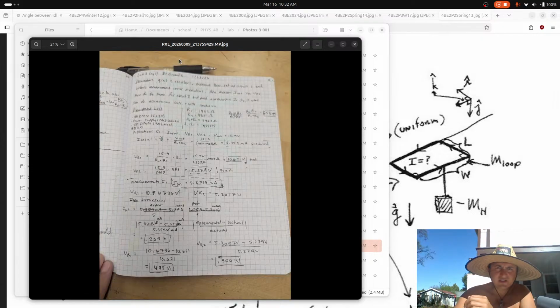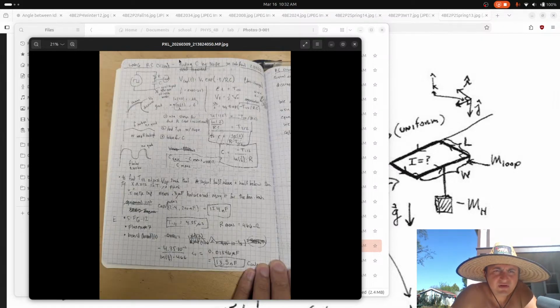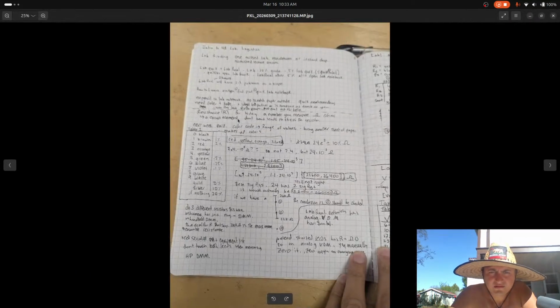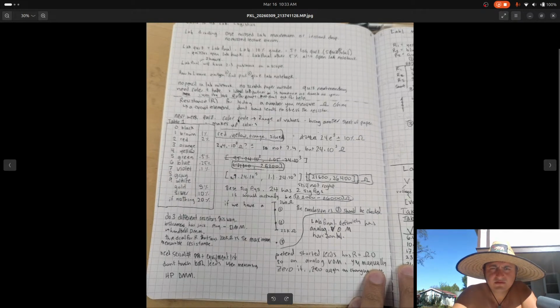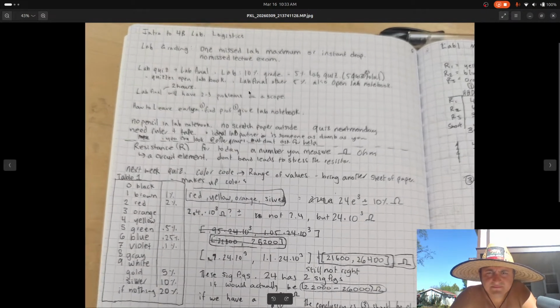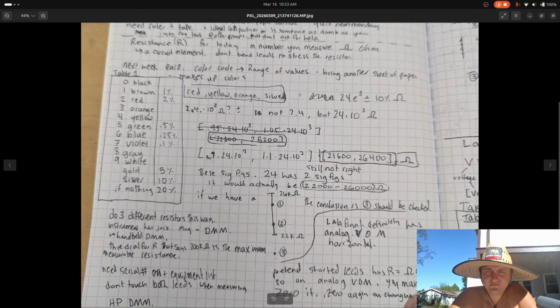Okay, so we're just gonna take a quick look at what happened this quarter in lab. Okay, it does look like it's in order. Logistics. Okay, so the resistor codes, the sig figs.